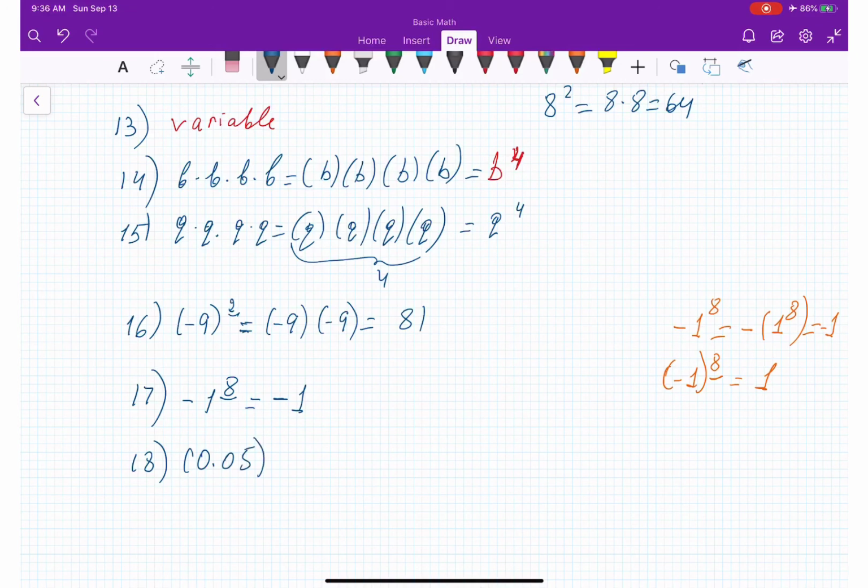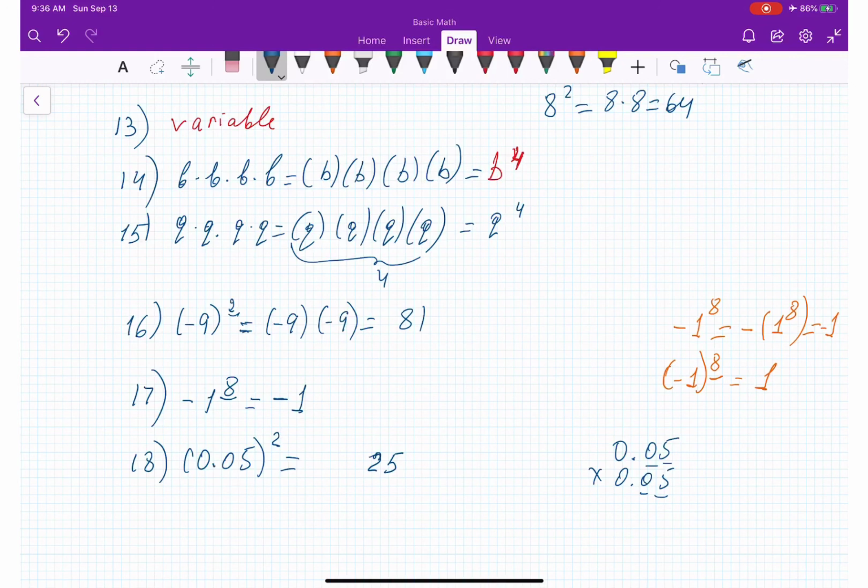And the last question, question number 18. 0.05 to power 2. Okay, so what do we do? As I explained to you, we are ignoring decimal notation. We take 5 and squaring, which will be 25. Now, how many decimals? 0.05 times 0.05. 1, 2, 3, 4, right?